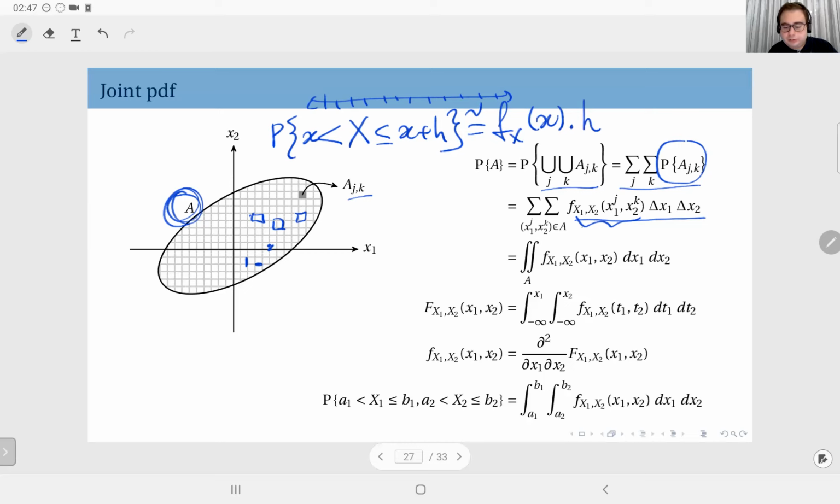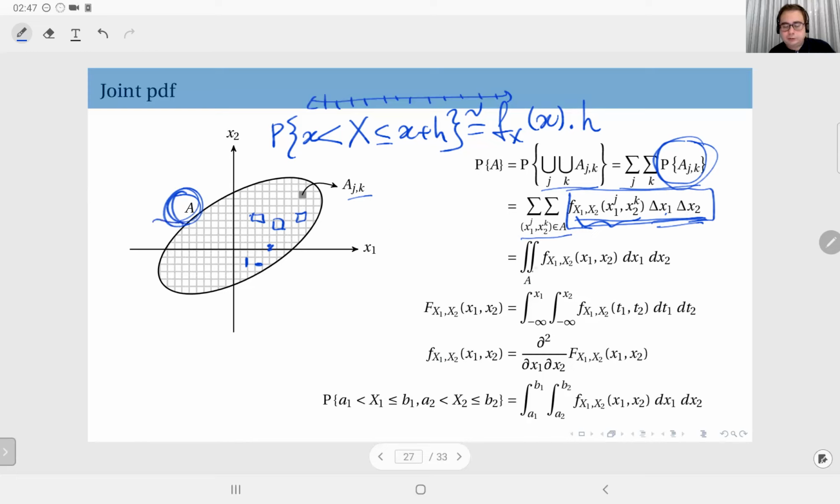Okay, and so that is what we are doing here. We are discretizing the continuous distribution, and we represent each of these probabilities with this joint PDF multiplied by the infinitesimal area. But when you take the limits as delta x1 and delta x2 go to 0, again, based on this Riemann sum, you get a double integral over this area that defines the event A.